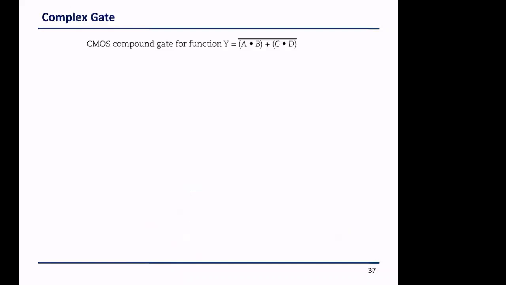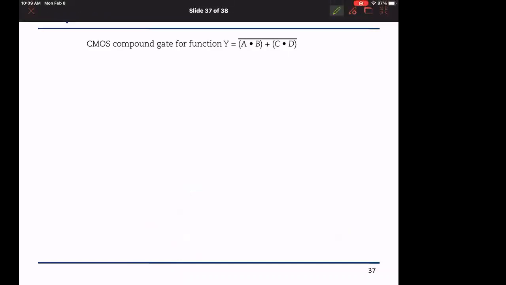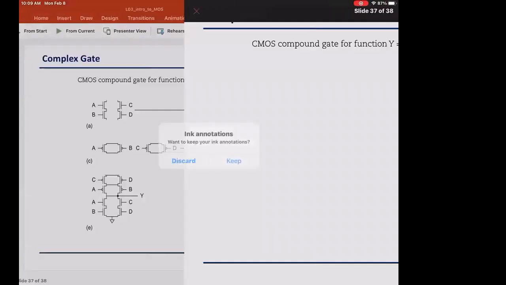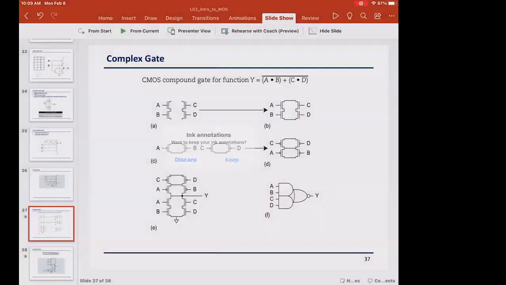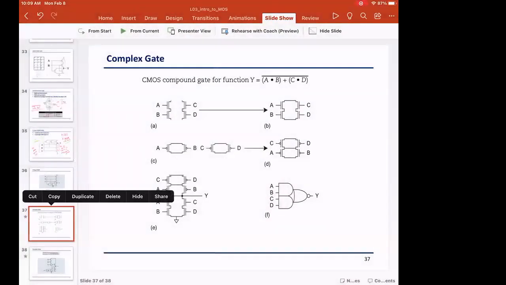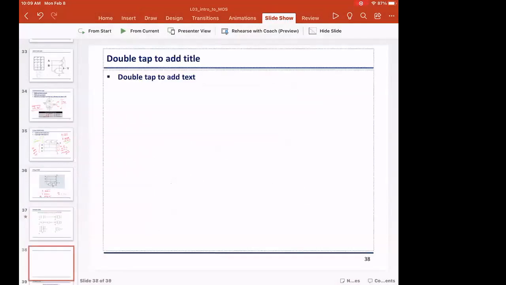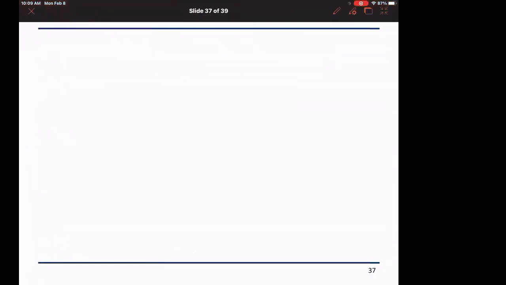Now, if I have a complex CMOS gate, what we will have is, let us draw it on our own and then see how the slides work. The gate that we have on the next slide is A and B or C and D bar.